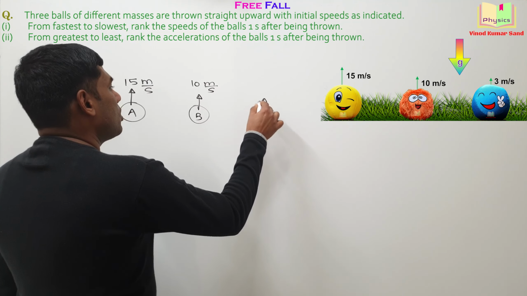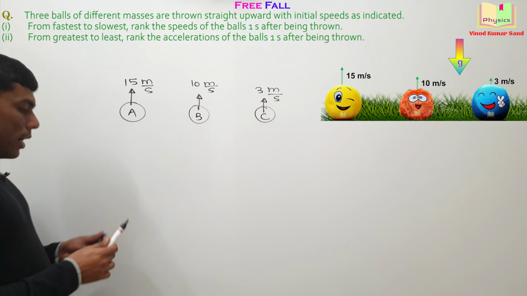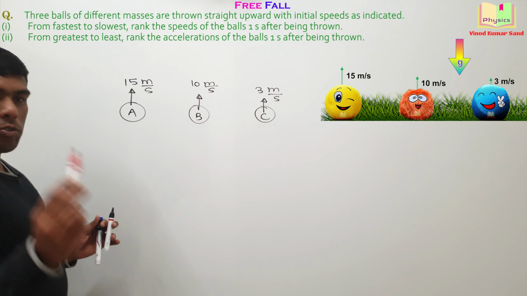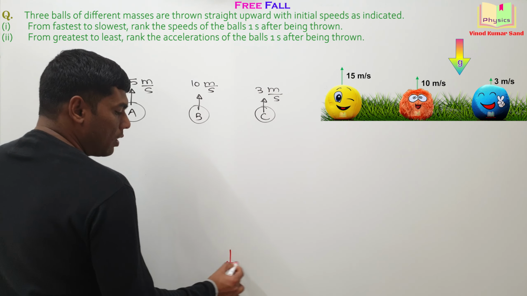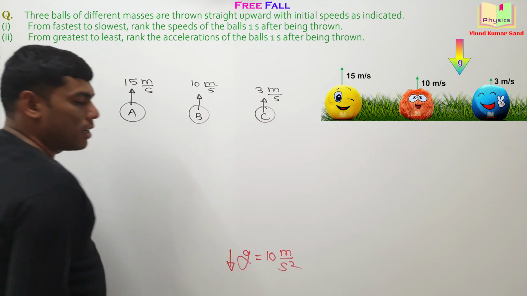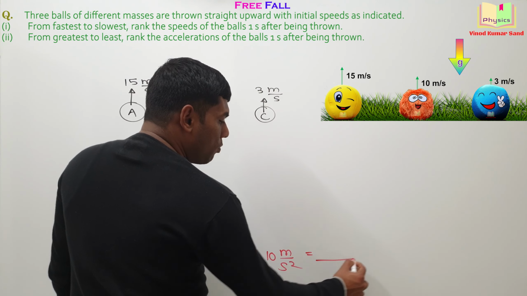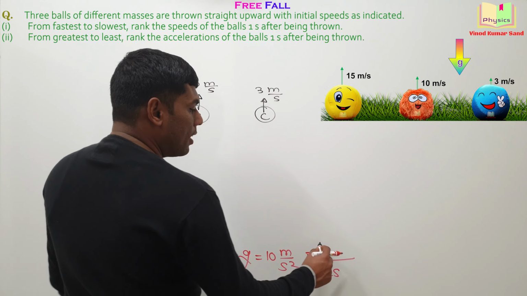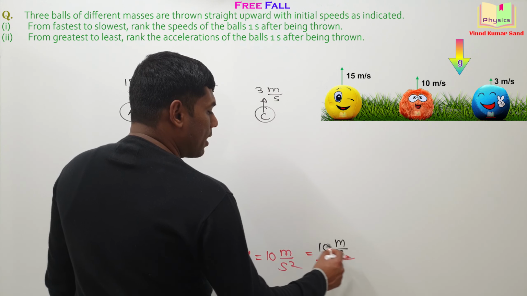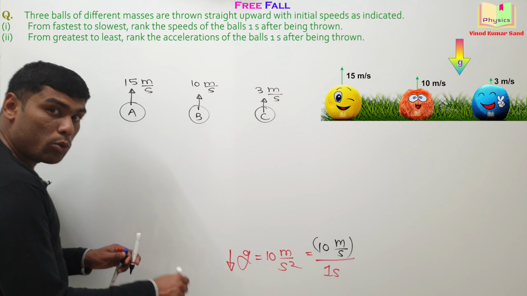Ball C has an initial speed of 3 meter per second in the upward direction. Looking at this data, what value of g should we choose? Everyone knows g should be taken as 10 meter per second square. It means every 1 second, 10 meter per second extra velocity is added in the downward direction.